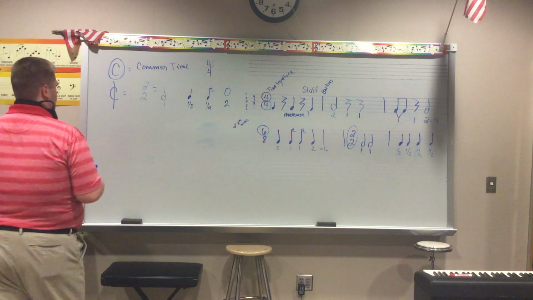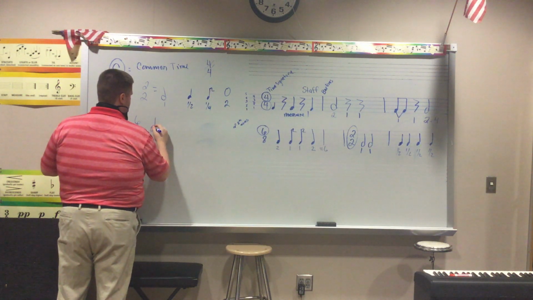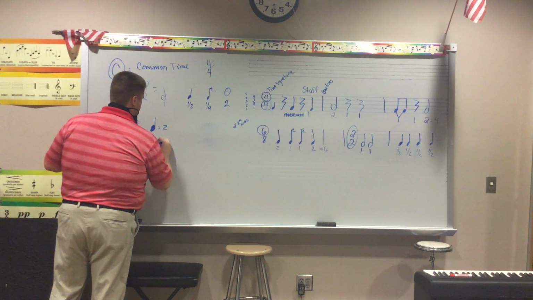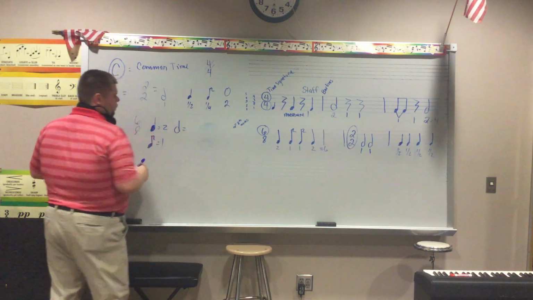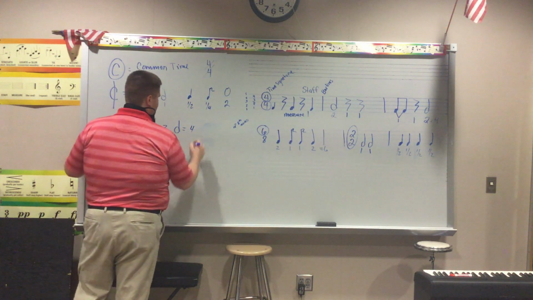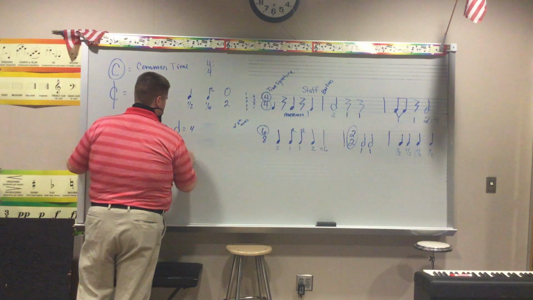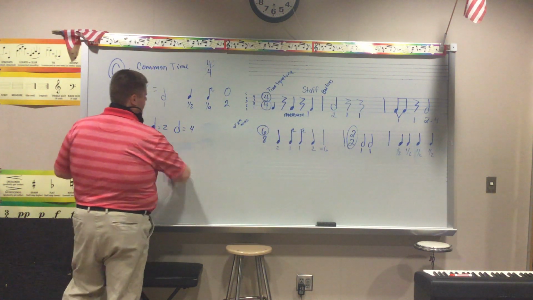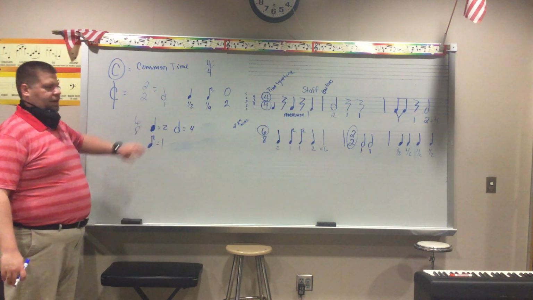So if you were in 6-8, the quarter note would equal 2 beats, the 8th note would equal 1 beat, the half note would equal 4 beats, and the whole note would equal 8 beats, which we don't usually use. We don't have to worry about that one. So that's basically what we would use, these right here.